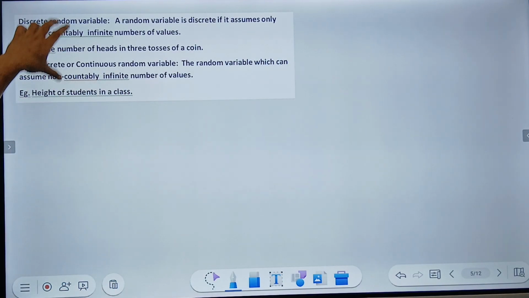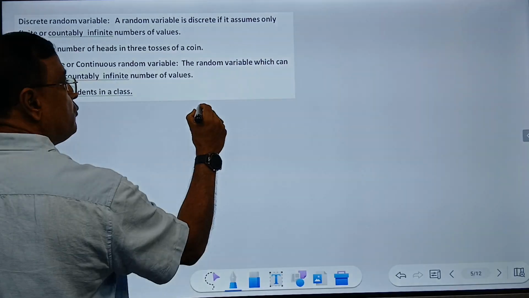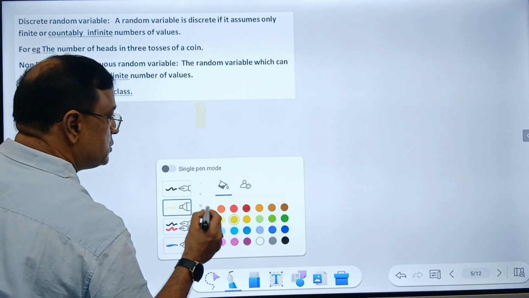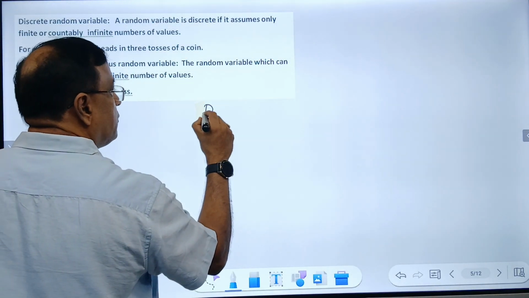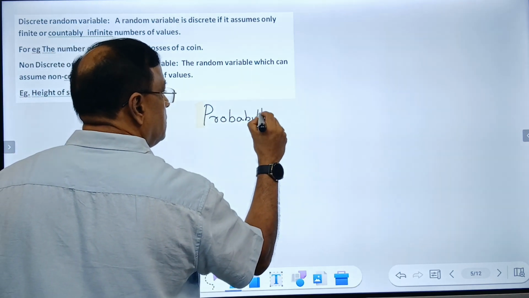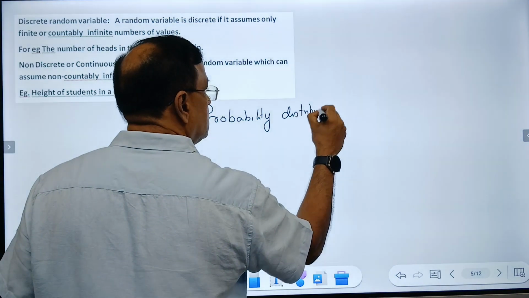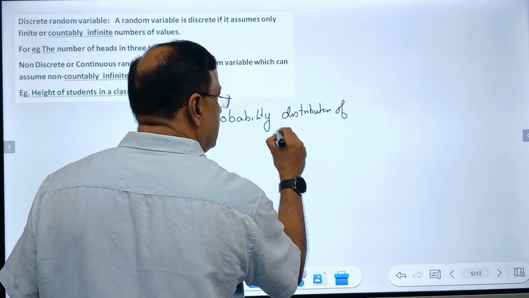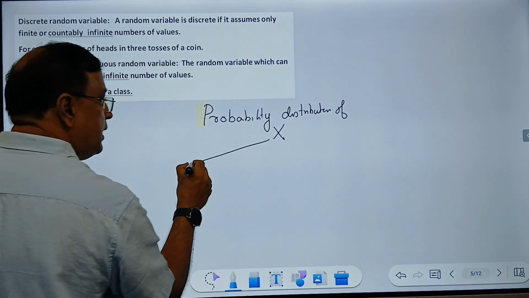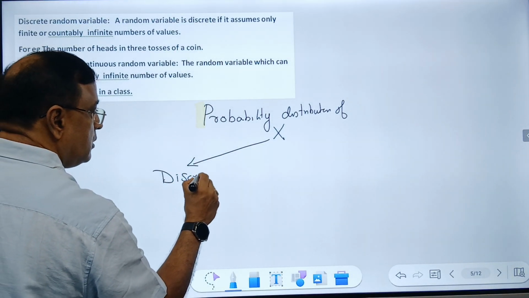Now, since I have introduced it, I have talked about the probability distribution of the random variable x. But this random variable x is categorized as what? Discrete.